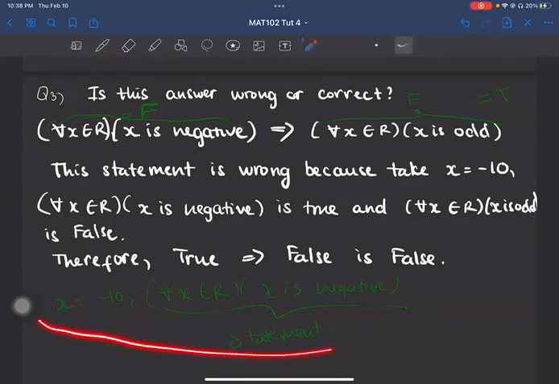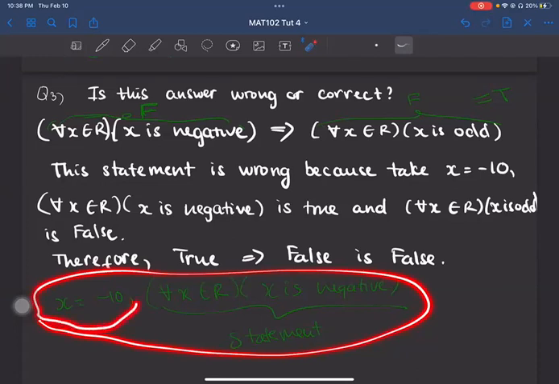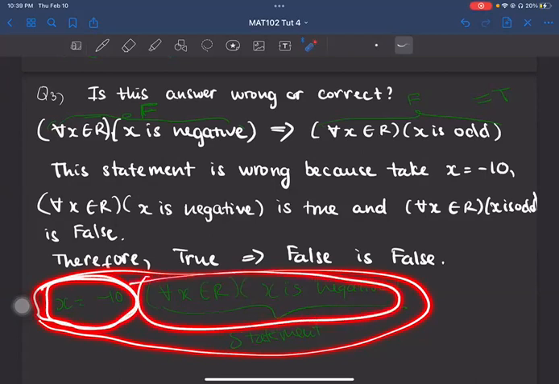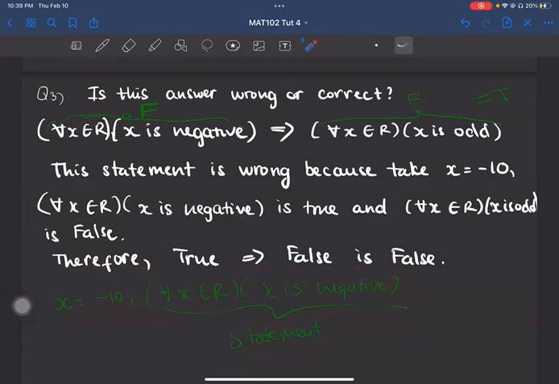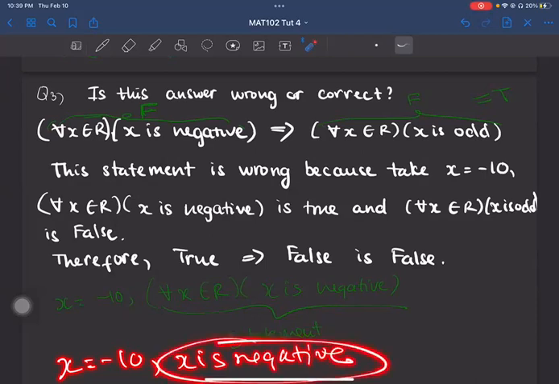What's wrong in this argument? Again, I want to emphasize that you cannot pick a specific value of x and put it into the statement to change its truth value at all. You can say x equal -10, x is negative. That is totally correct because x is negative is a predicate.